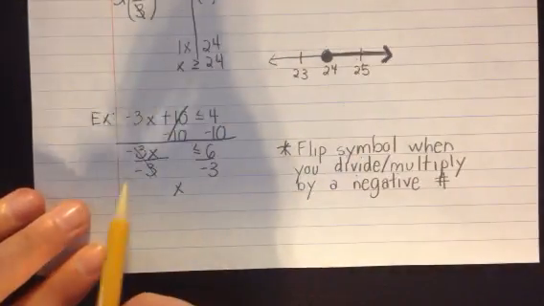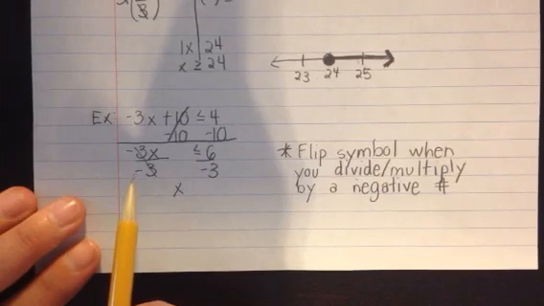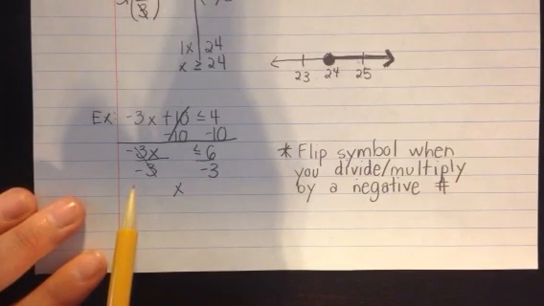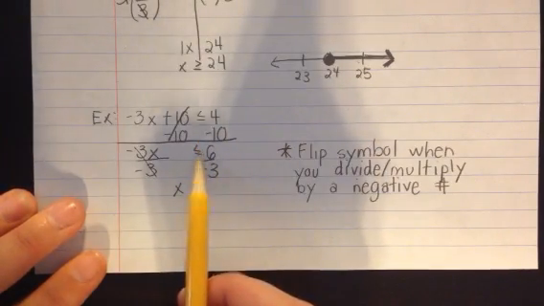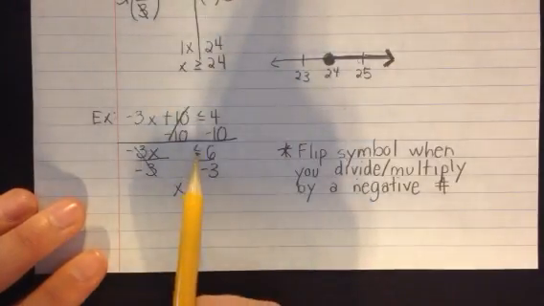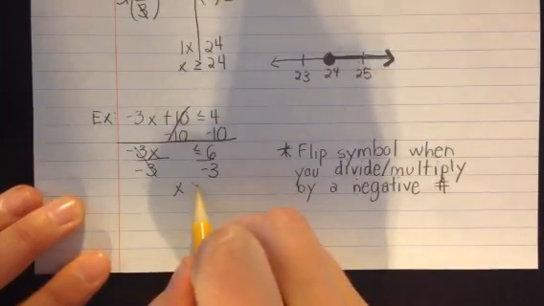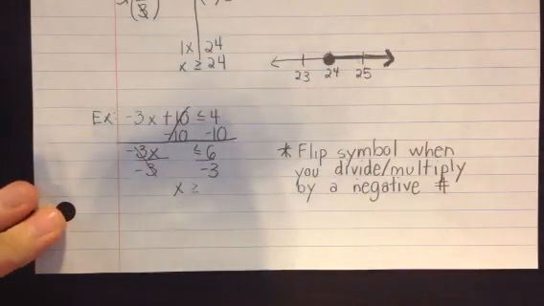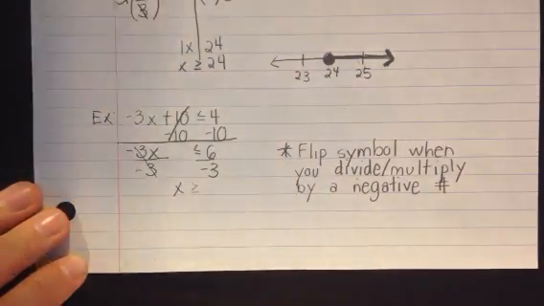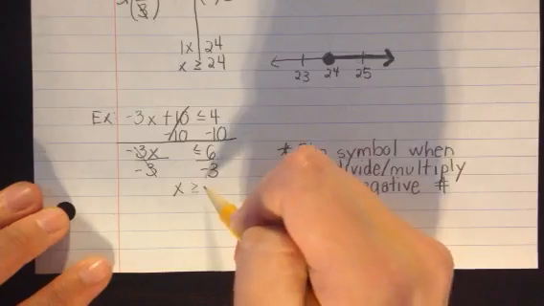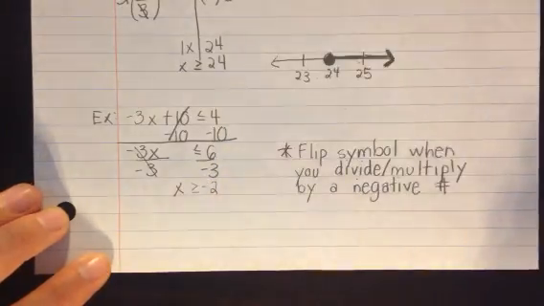So on this example here, we had to divide by a negative 3. Anytime you multiply or divide by a negative number, you have to flip the inequality symbol. So it currently says less than or equal to. We need to flip it to greater than or equal to since we divided by a negative. And 6 divided by negative 2 is negative 3.